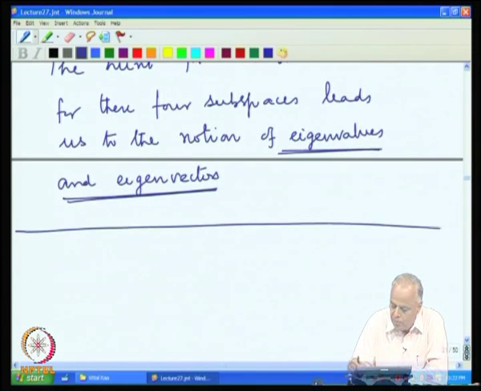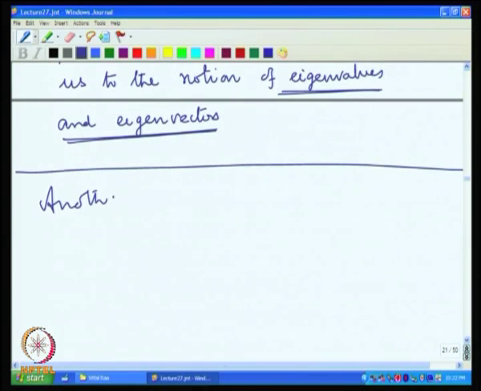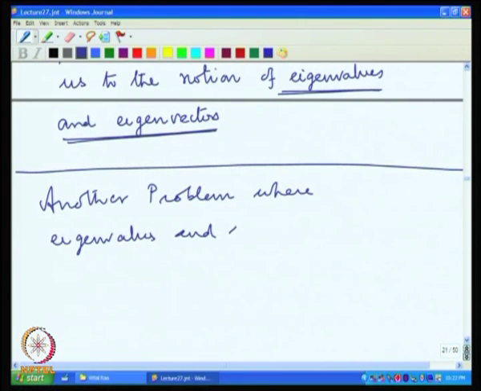We will soon see how they play this role, but before we do that, we shall look at another problem in which these notions of eigenvalues and eigenvectors appear, and from which we move on to the other questions that we raised above.